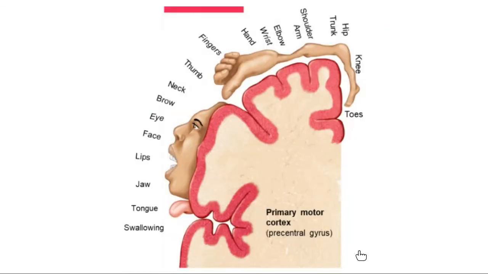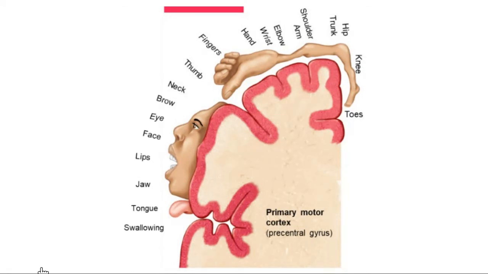We mentioned that this was the motor homunculus, the motor map, and we can see here on the slide that this is found in the precentral gyrus. Can you remind me again, which lobe of the brain is the precentral gyrus in?